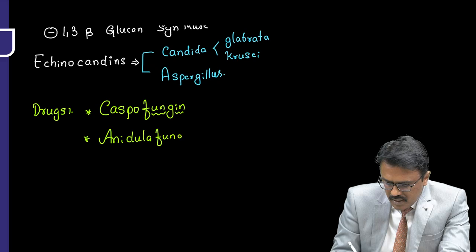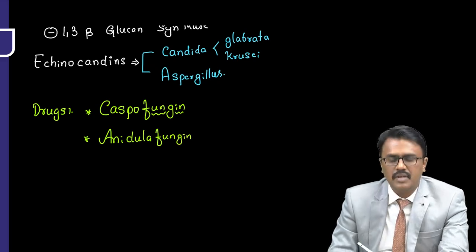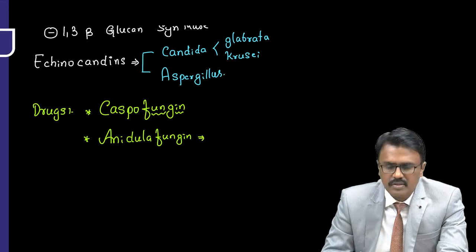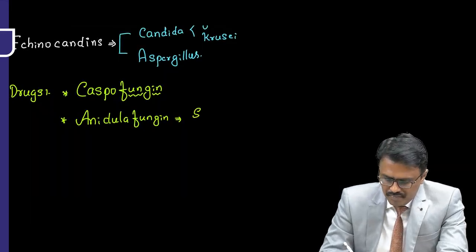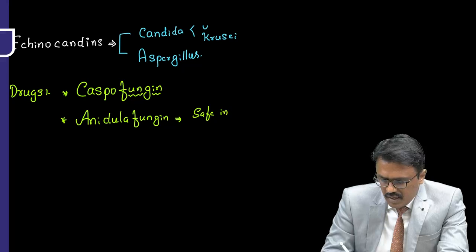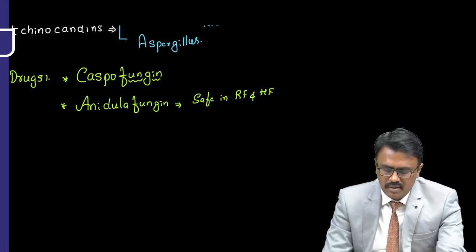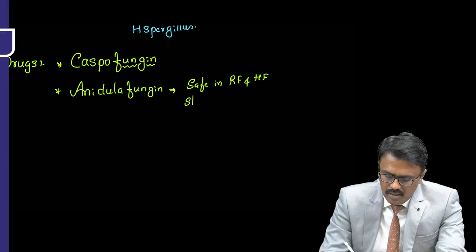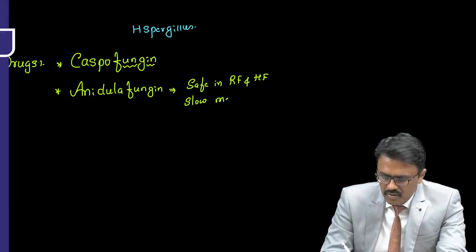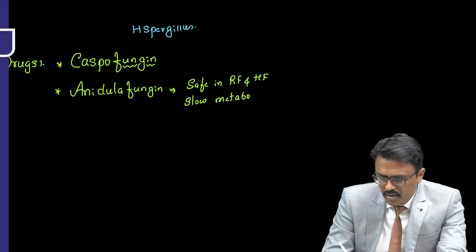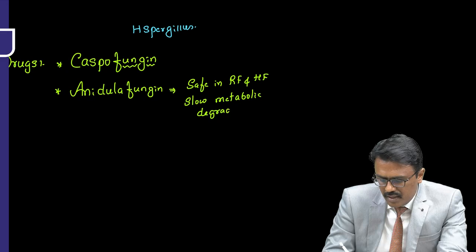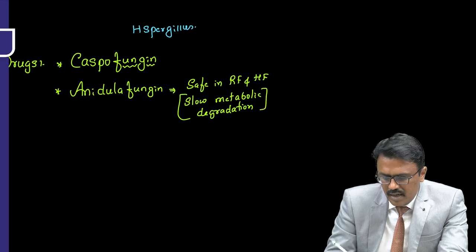The advantage of this is it is safe in both renal failure and hepatic failure, that is liver failure. The reason is it undergoes slow metabolic degradation, so it doesn't depend on the renal or the hepatic. So that is one special point about the drug anidulafungin.